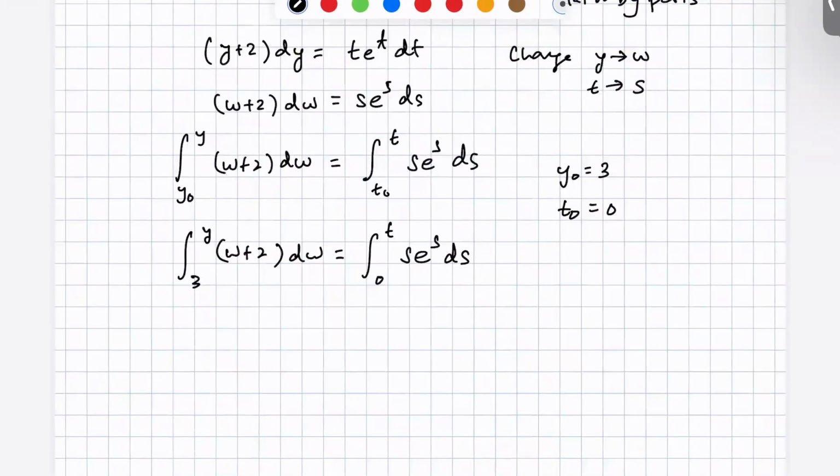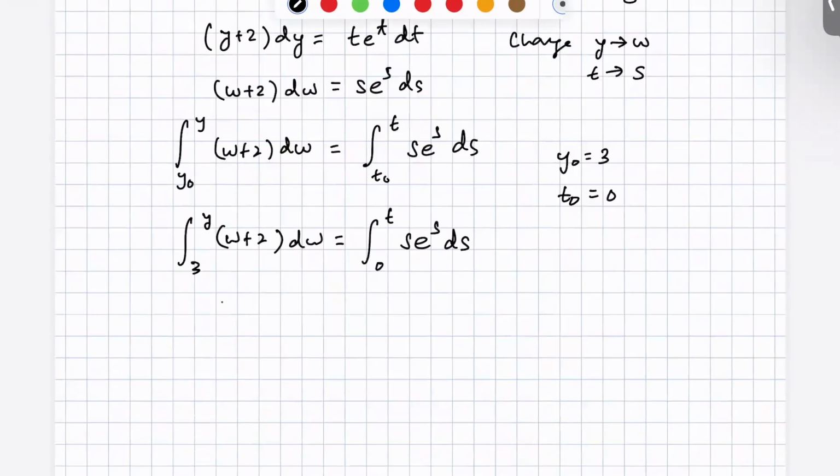Now, on the left side, let's be smart. You could expand this and integrate term by term, but that actually turns out to be a bit of a mess. One other way to integrate this is just to treat w plus 2 as one object and write 1/2 of w plus 2 squared. This is a lot cleaner.